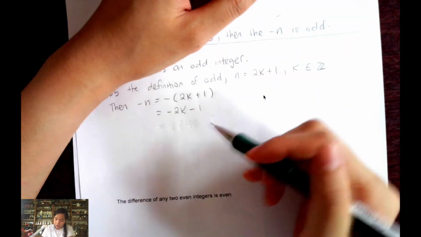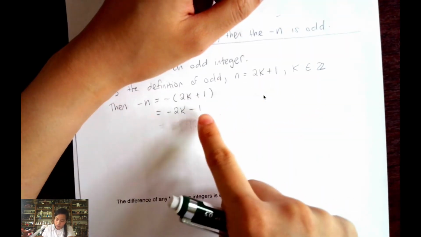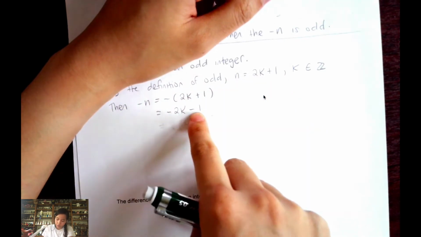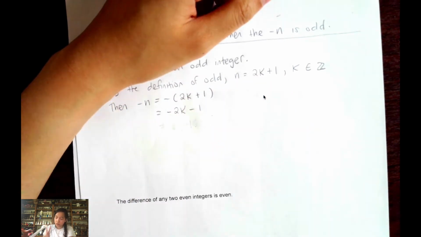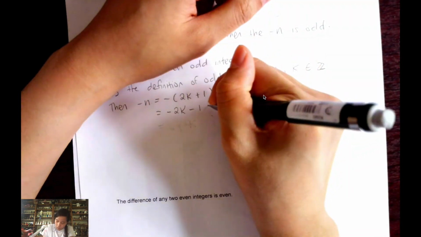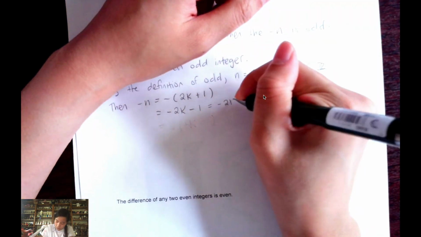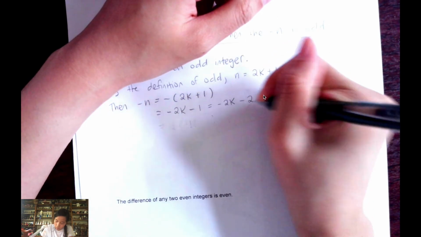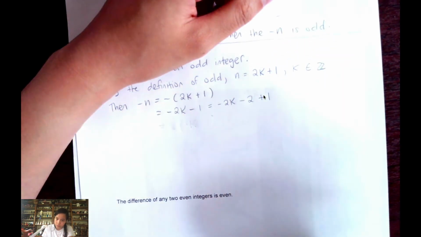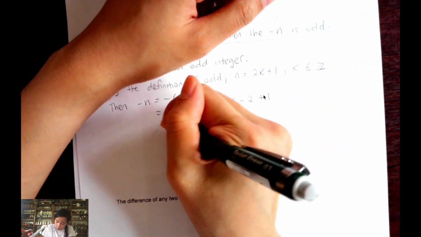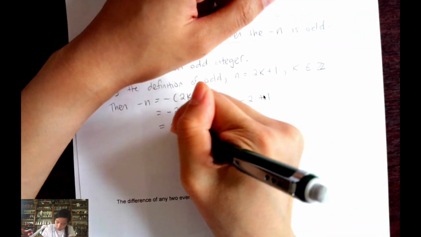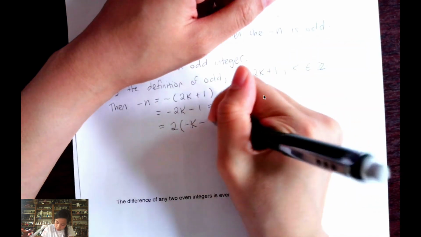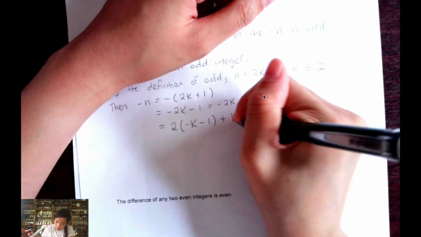So now we have to ask ourselves, how do we turn 1 into negative 1? We subtract 2. So this is equal to negative 2k minus 2 plus 1. So that would equal, if we factor out a 2, negative k minus 1 plus 1.